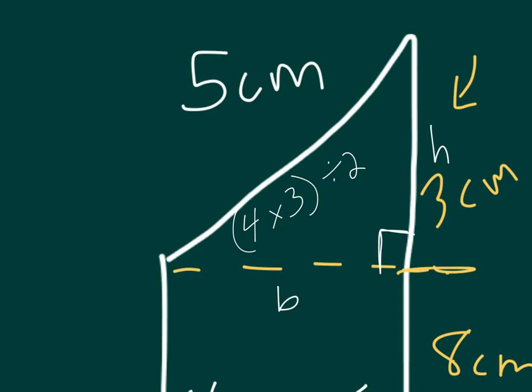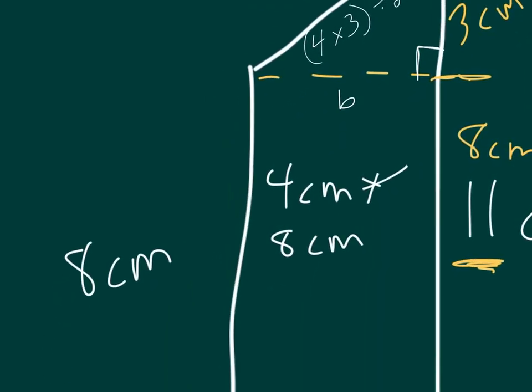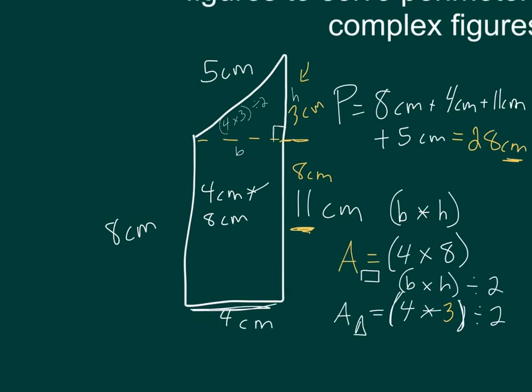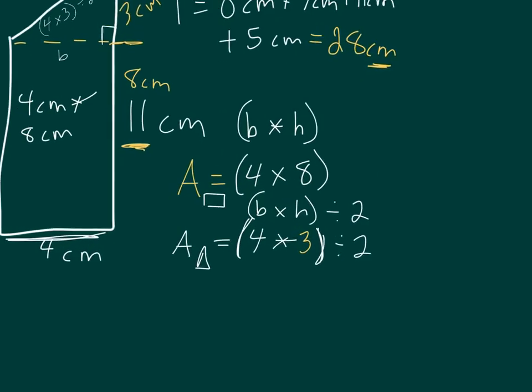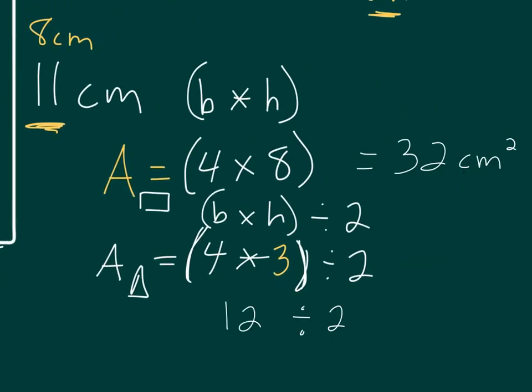So if I solve for the triangle, 4 times 3 divided by 2, and I solve for the rectangle, 4 times 8, I will get the total number of square centimeters for the area. So I've solved the whole area of a rectangle right here is 32 centimeters squared.